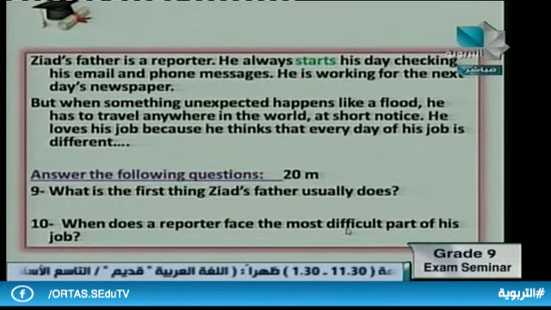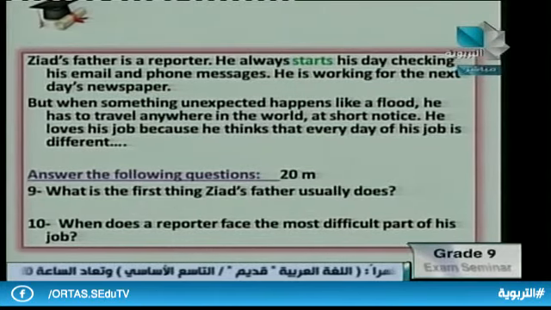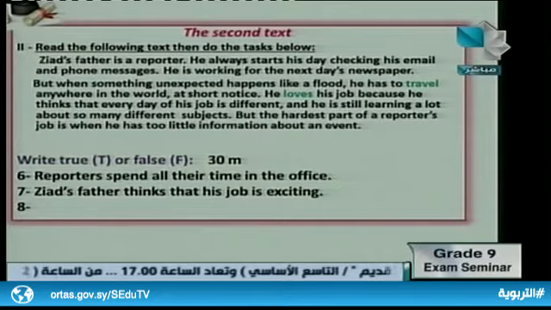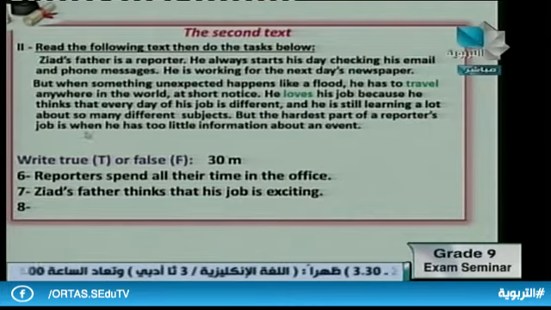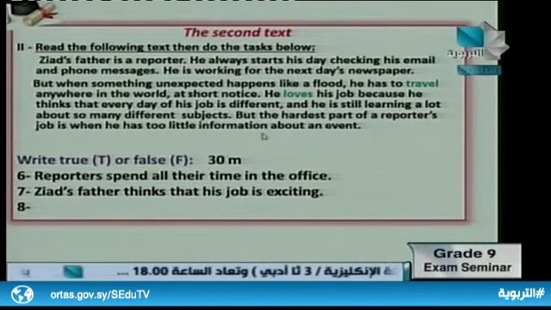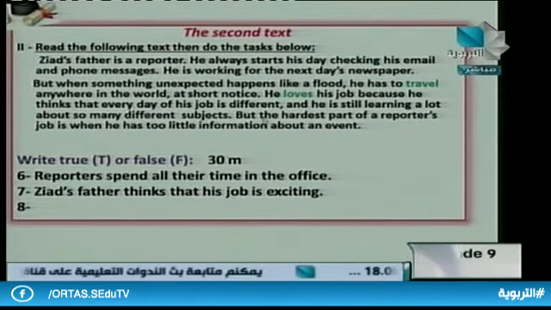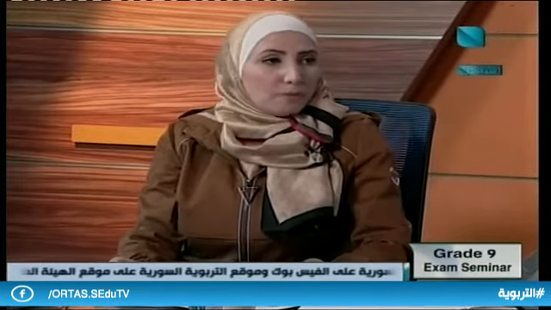At the end of the text we find: the hardest part of a reporter's job is when he has too little information about an event. So "the hardest part" means the most difficult, and we mentioned before that sometimes we don't use the same words, but the same meaning.